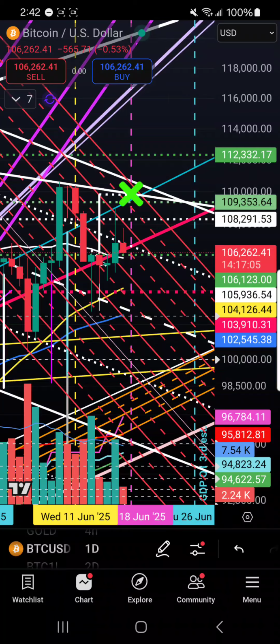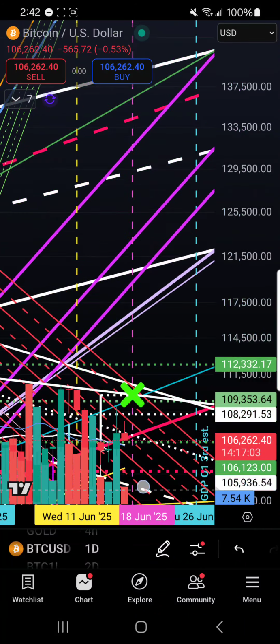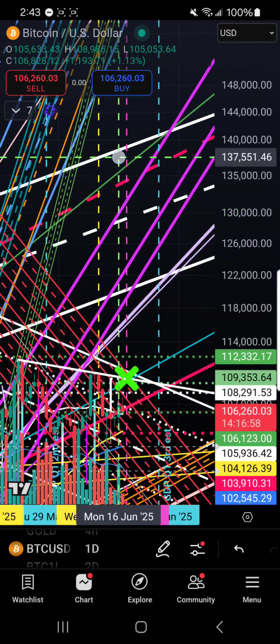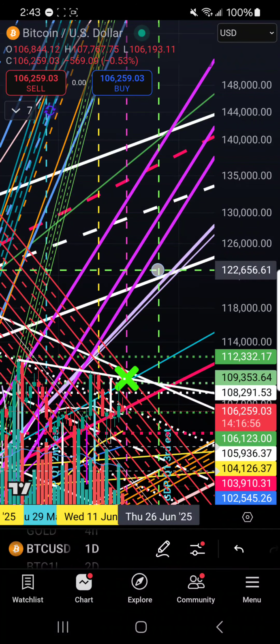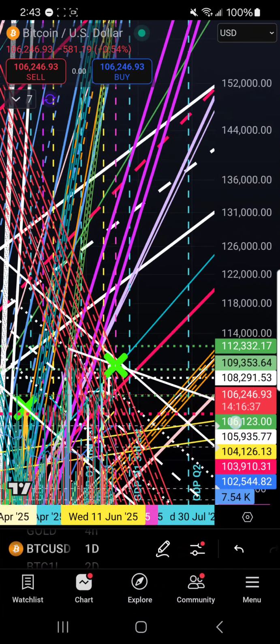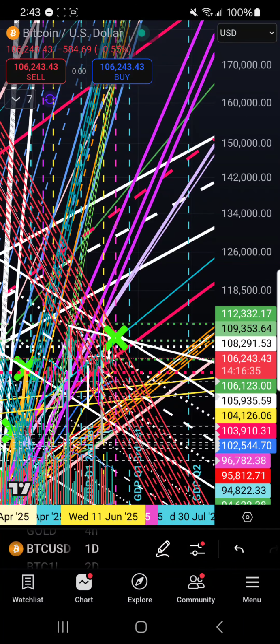So, okay, the reason why 140, that's what I was getting at here. Up here is our white channel, the most important channel in Bitcoin history. Like I said earlier, it's one of the pink channel systems. I made it white, and the pink channels are all stacked on top of each other, and I don't have them turned on here.